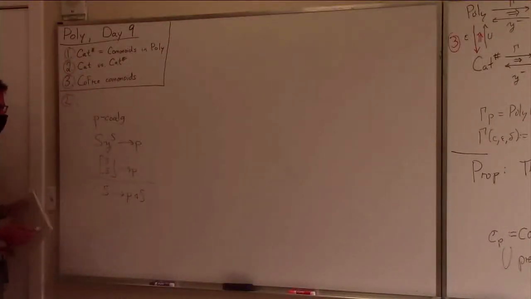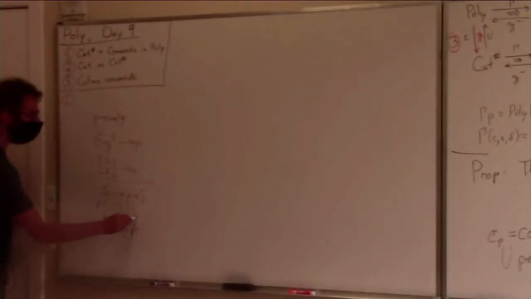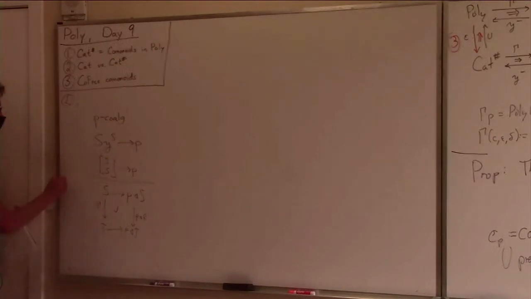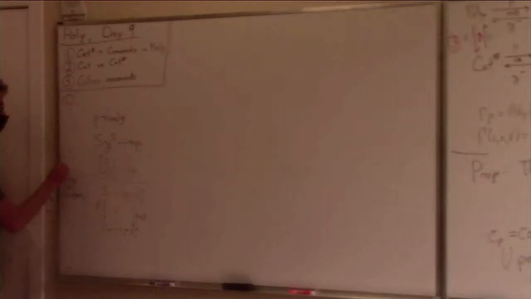Anyway, this one here is typically called a coalgebra, and a map of coalgebras is a map from S to T such that this diagram commutes. This is a map of coalgebras. Okay, and so P-coalg is a category.